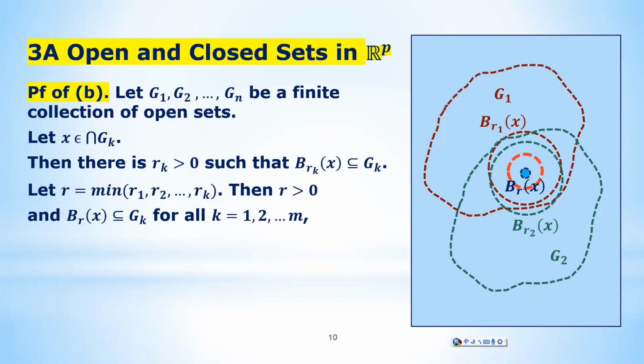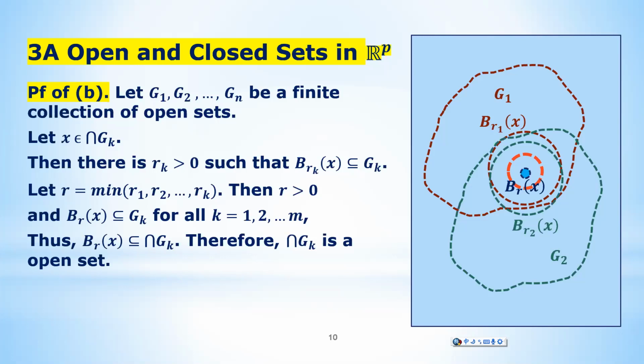Okay. And so you can see that this ball must be, because it's contained in all the open sets G_k, therefore B_R(x) must be in the intersection. So this means I found a ball centered at x which is also in the intersection.